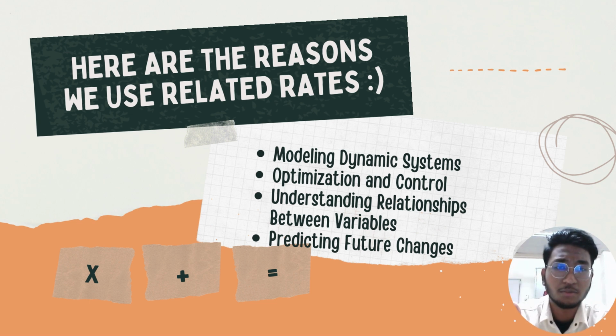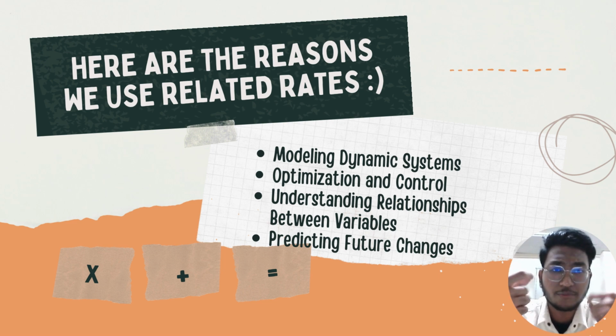As shown in the slides, the reasons why we use related rates are modeling dynamic systems, optimization and control, understanding relationships between variables, and also predicting future changes. These are the list of the reasons we use related rates to solve problems.